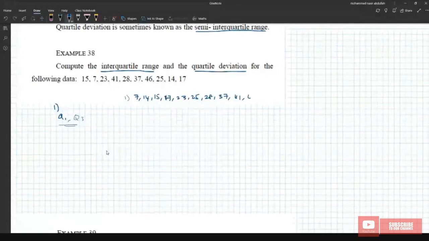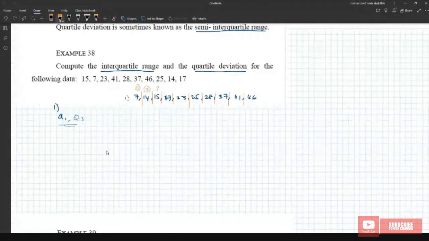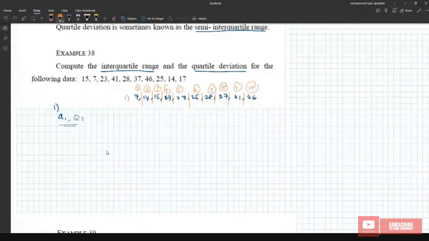Right. And then we need to position each of the data. This is position number 1, 2, 3, 4, 5, 6, 7, 8, 9, and 10. So quartile number 1. First, we need to find the position of quartile number 1.